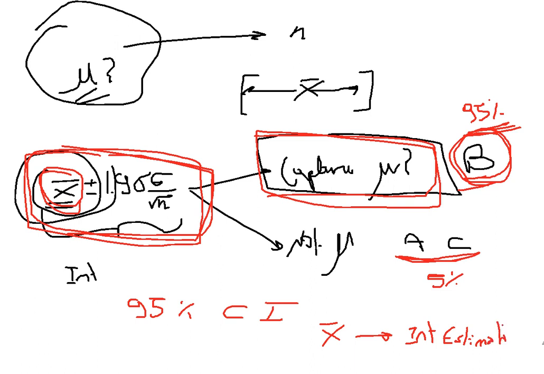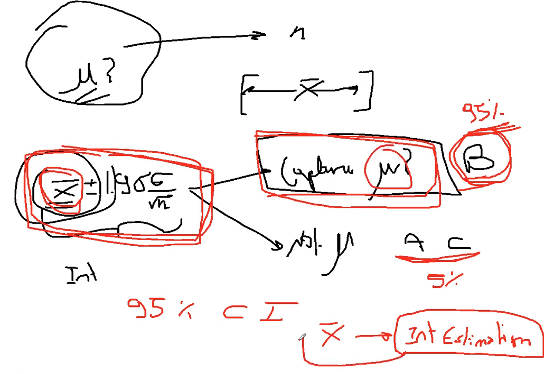And the great thing about this interval estimate is that now you can actually talk about capturing the real value mu, with the caveat that you're not 100% sure. It comes with a confidence attached to it.